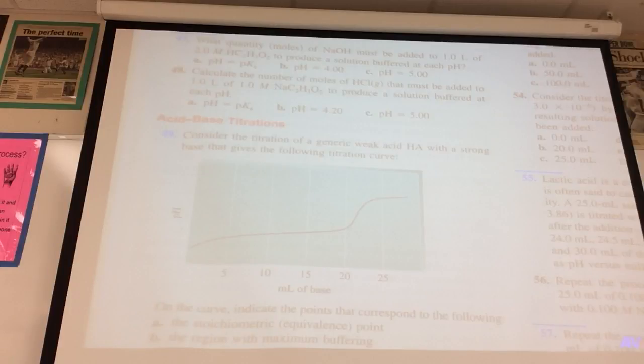That's the first signal. How do you know you started with an acid? It starts low but not super low. And you finish high. Okay? So weak acid with a strong base.